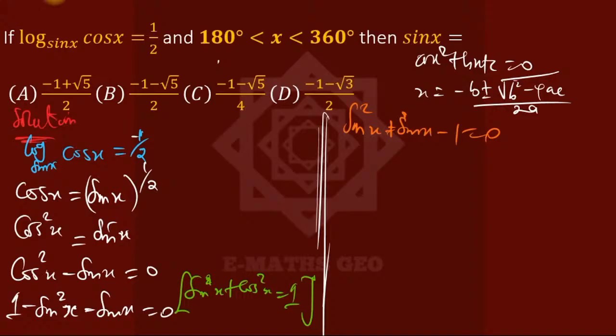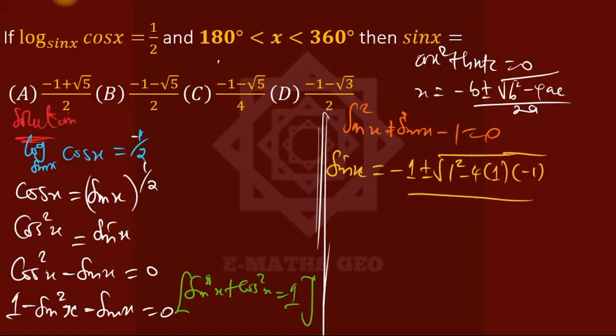So sine x equals minus b, where b is the coefficient of sine x, which is 1, plus or minus the square root of 1 squared minus 4 times 1, where a is 1 and c is minus 1, over 2 times 1.